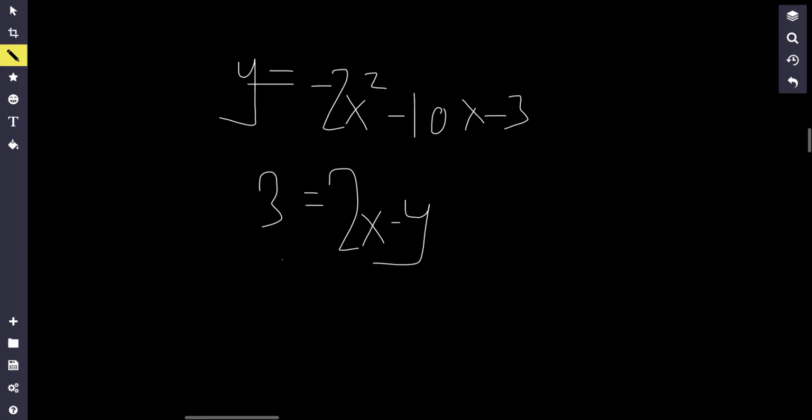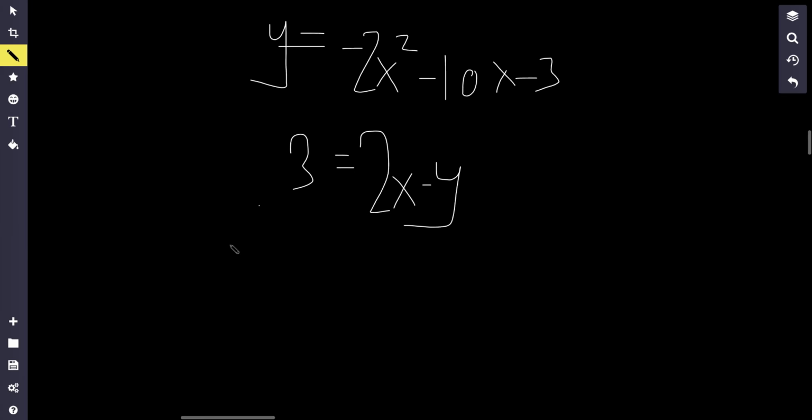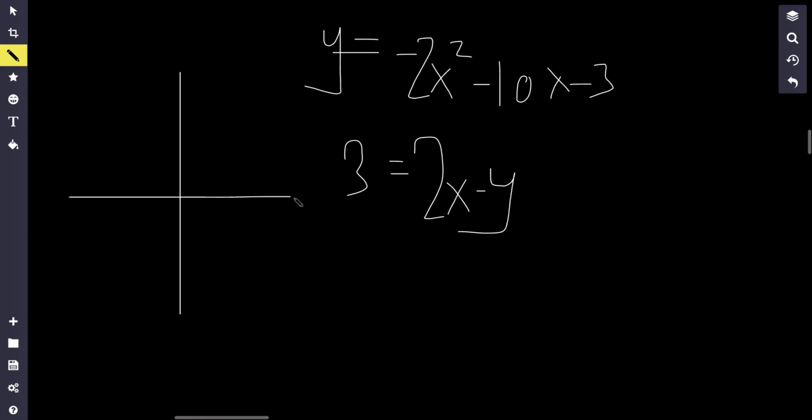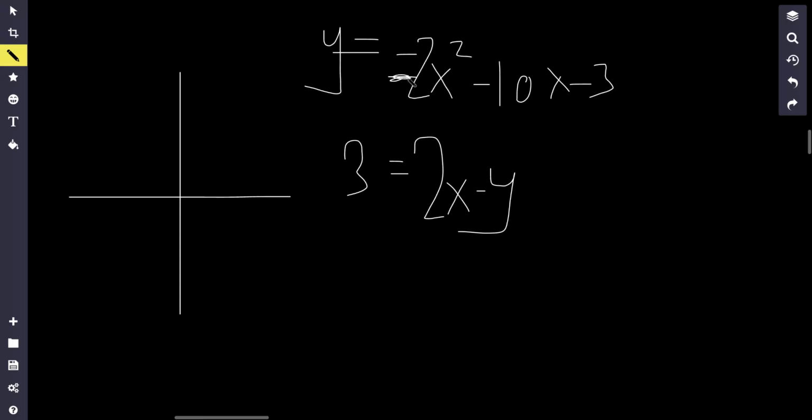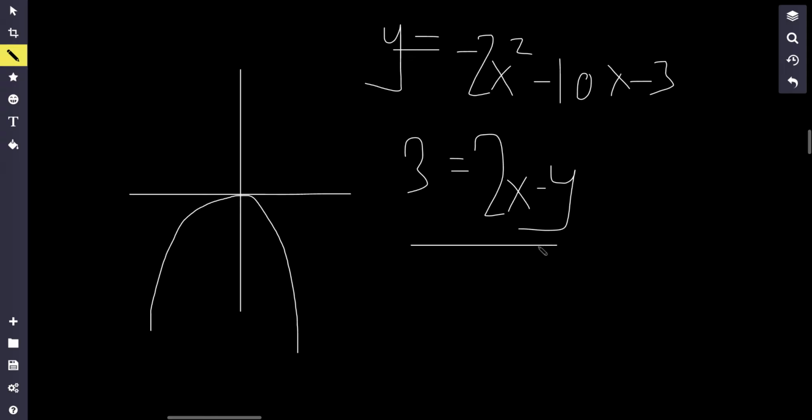System of linear equations. So basically, this right over here represents a parabola. Because I have a negative in front, it's going to represent a negative parabola. Let's just say it looks something like this. Now my second equation represents a line.